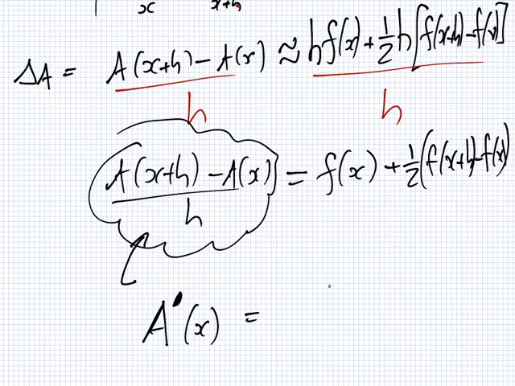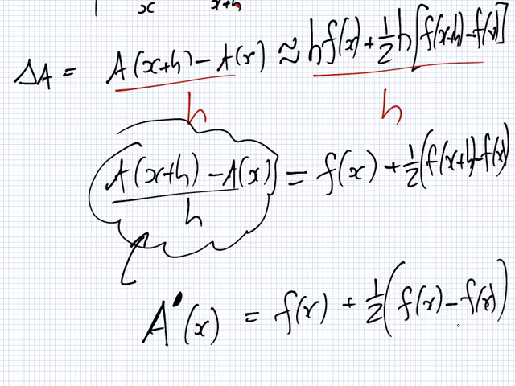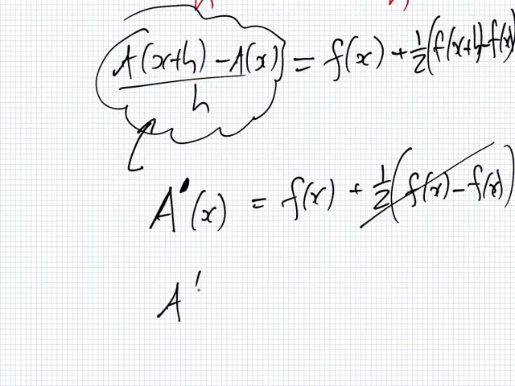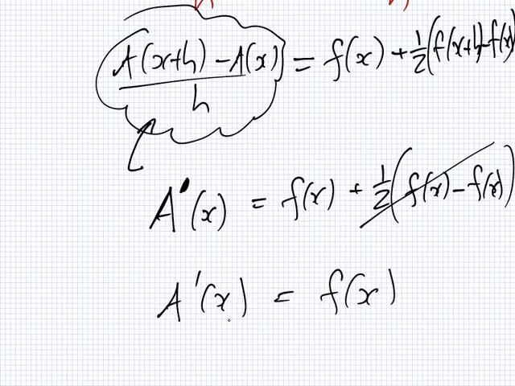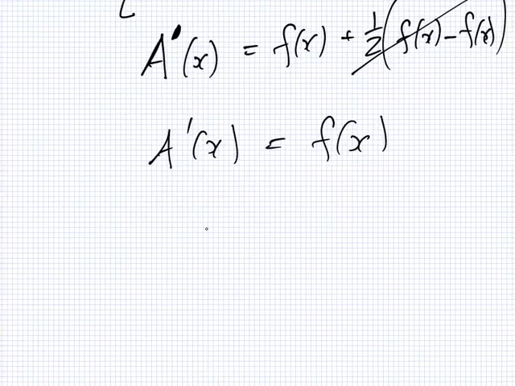Right, so what am I left with here? f of x, and then when h becomes 0, what do I get here? f of x, well I do actually here get 0, because this will be f of x minus f of x. So together this is 0. So I get derivative of a equals f of x.